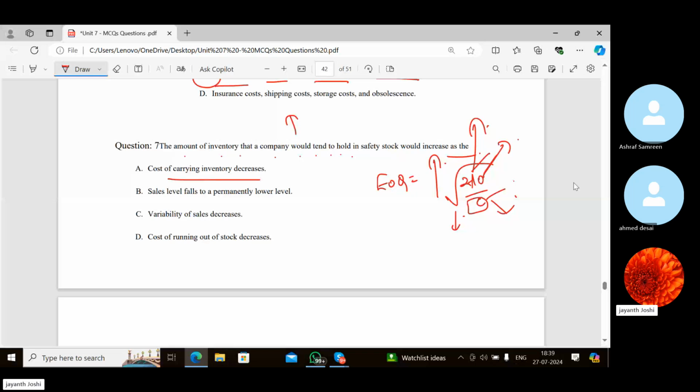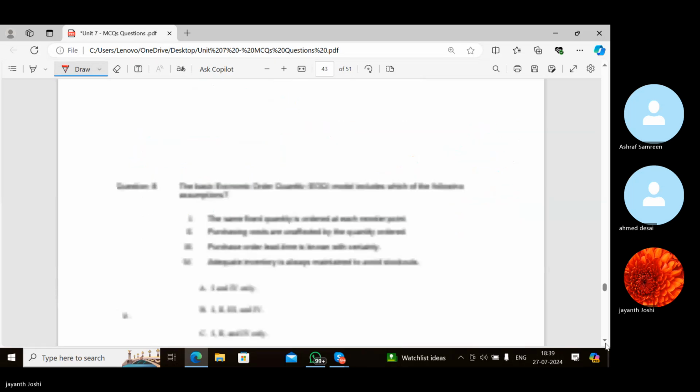A decrease in carrying cost permits a company to carry more inventory. You can carry more inventory if your carrying cost is decreasing, and thereby you can reduce your stockout. So the cost of carrying inventory decreases. Of course, if the denominator decreases, the particular ratio increases.